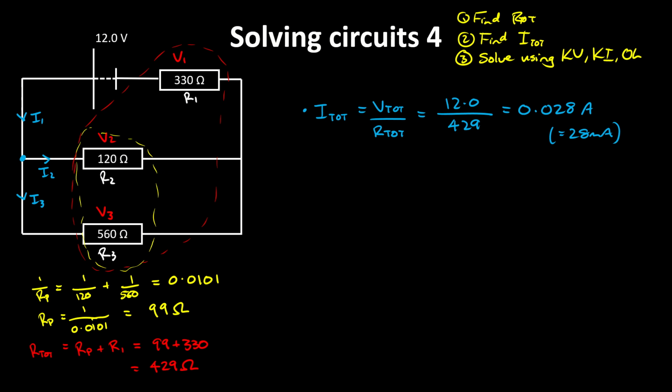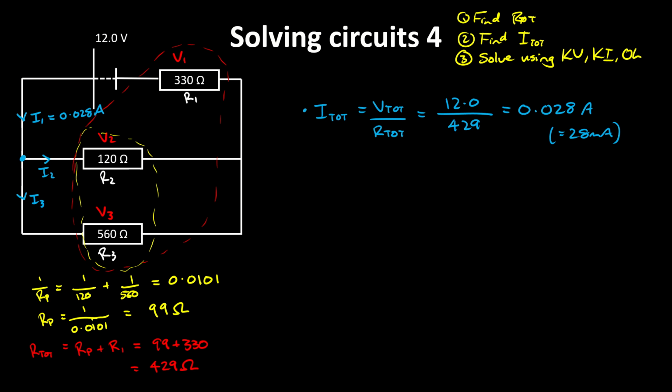Okay, now that we've done that, we have to figure out what else we can work out. So we know I1 is 0.028 amps. In the last example we knew a voltage, but in this case we don't, because in each loop there are two things. In this top loop there's the power supply, the 120 ohm resistor, and the 330 ohm resistor.